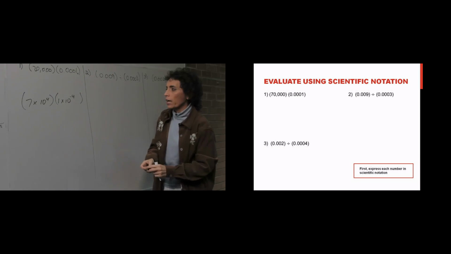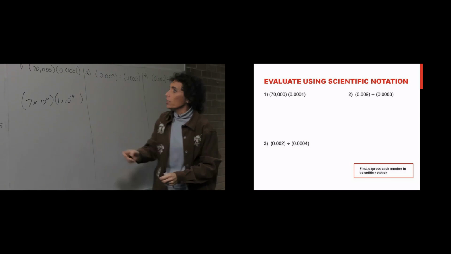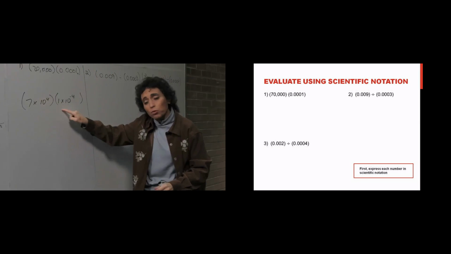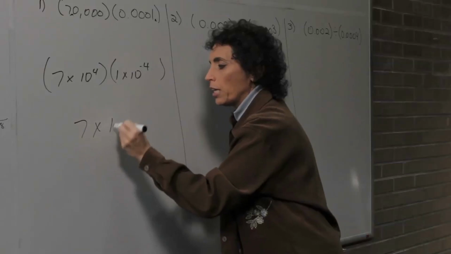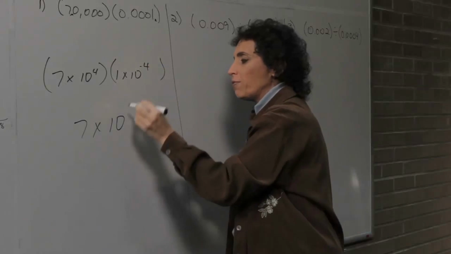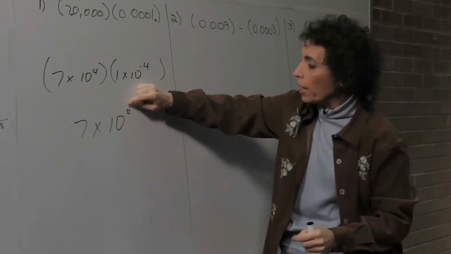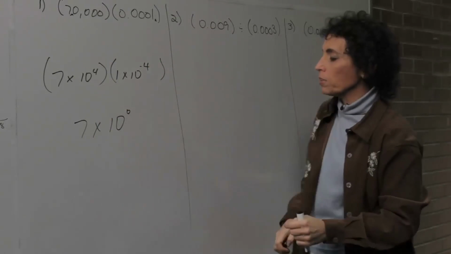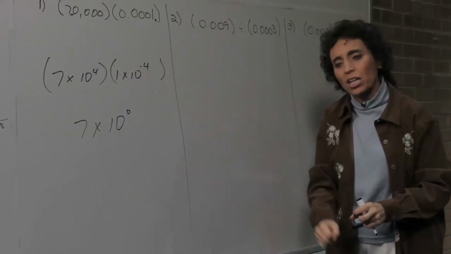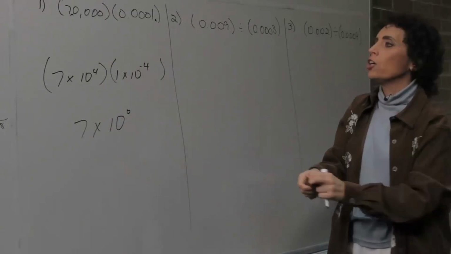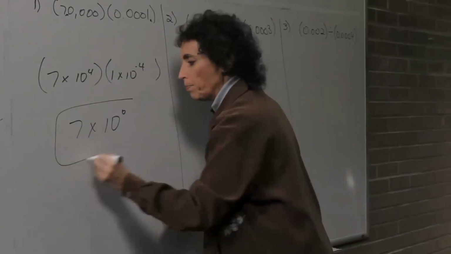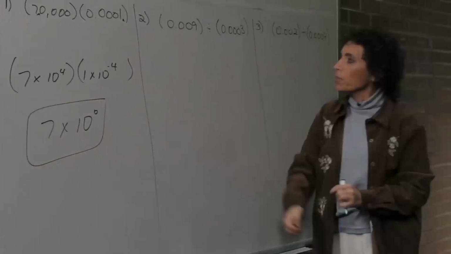Negative 4, okay? So that's what we have there. All right, so we have 7 times 1 is 7, times 10 to the 4 plus negative 4 is 0. The answer to this problem is really just 7, okay, 7. So 7 times 10 to the 0 in scientific notation. In standard form, the answer is 7. You are done, okay?